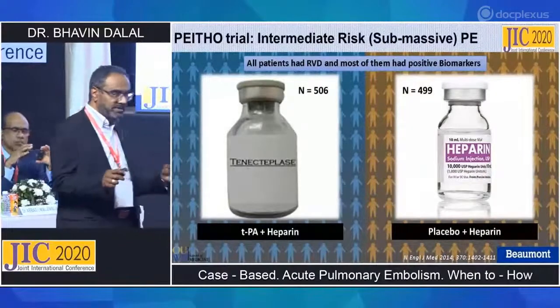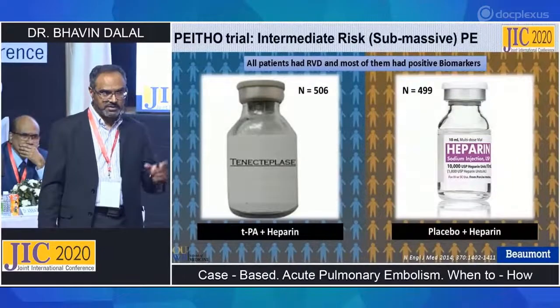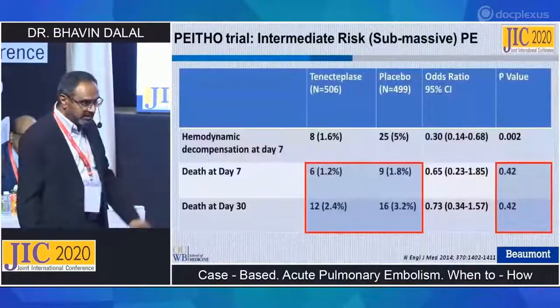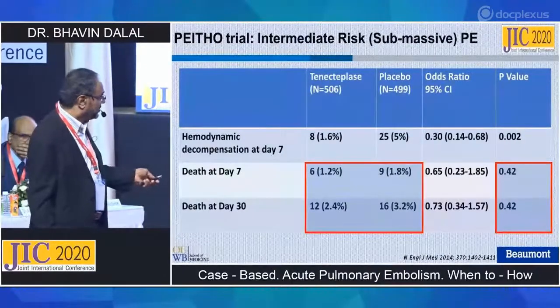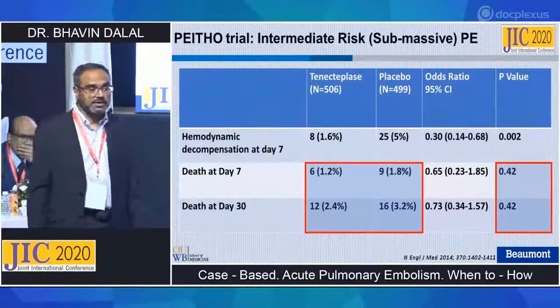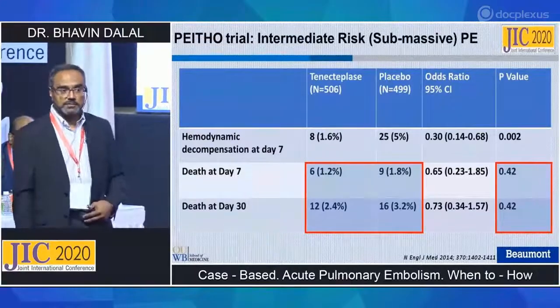Everybody had intermediate risk PE, specifically high intermediate risk PE, meaning the RV to LV ratio was high and the biomarkers were positive. This was a randomized controlled trial, so far the largest study. In that study, they did not find any difference in mortality at 7 days or at 30 days between the heparin arm and the thrombolysis arm.